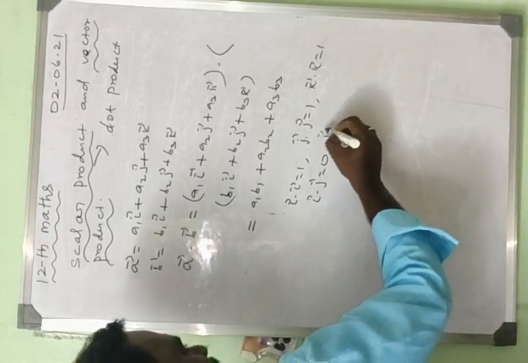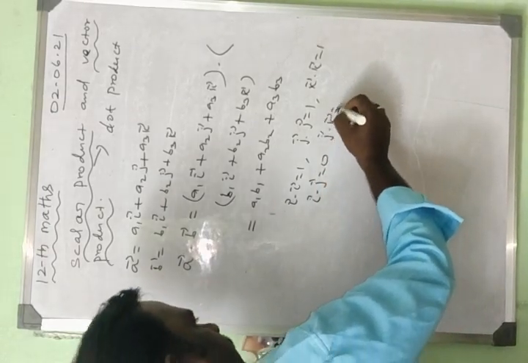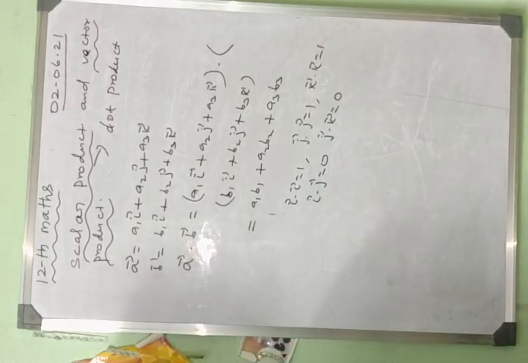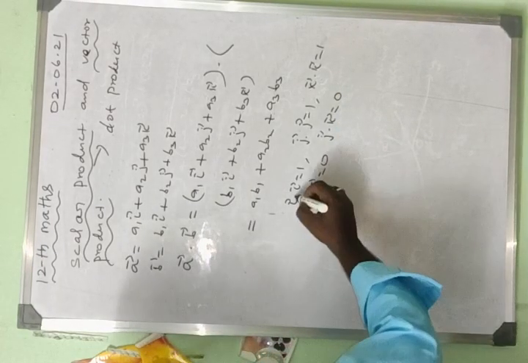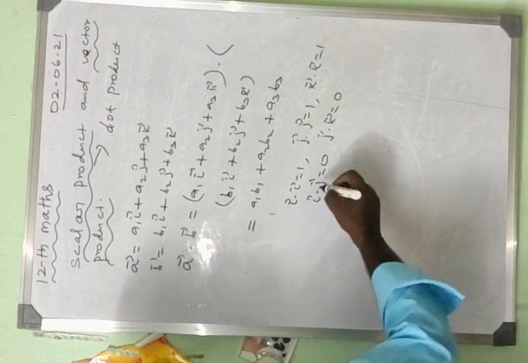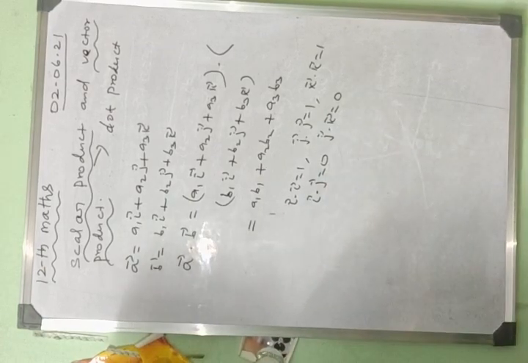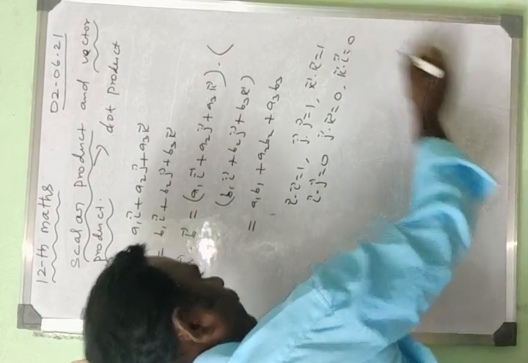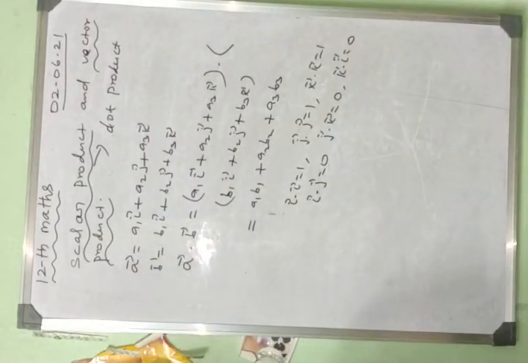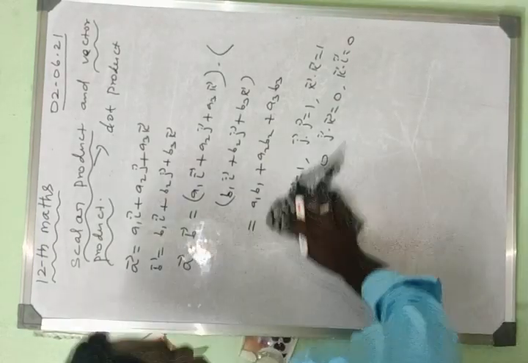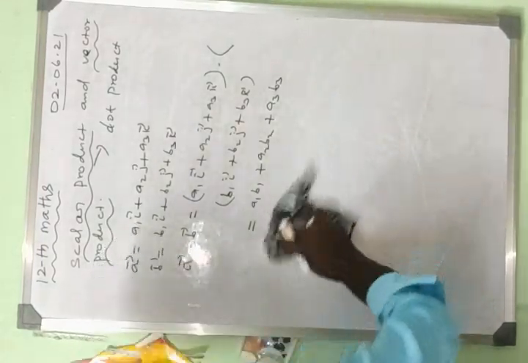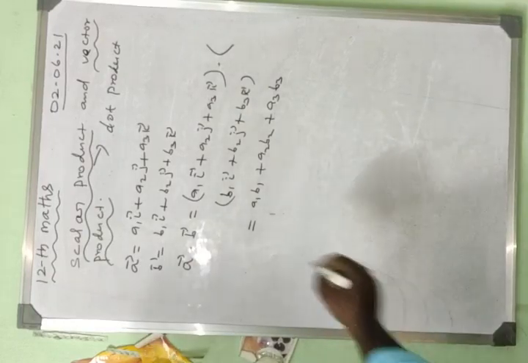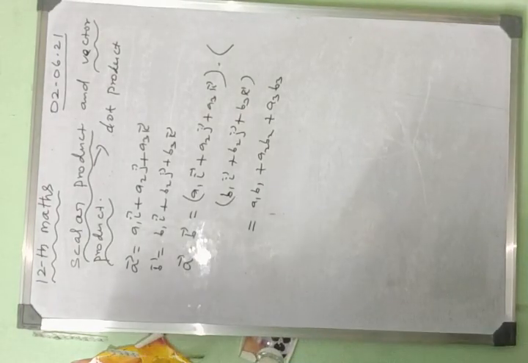Vector j dot vector k equals 0. Same vector dot product means we get 1. Opposite vectors dot product means we get 0. Vector k dot vector i, we get 0.